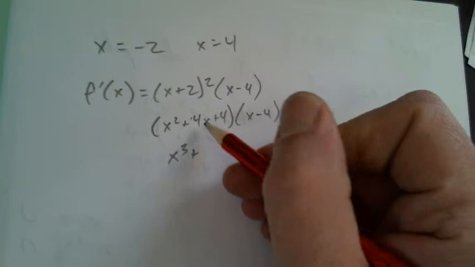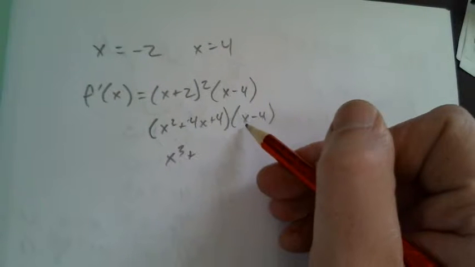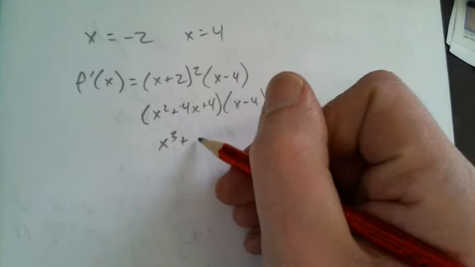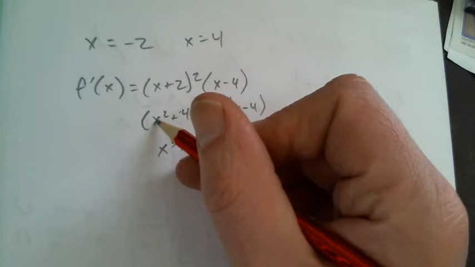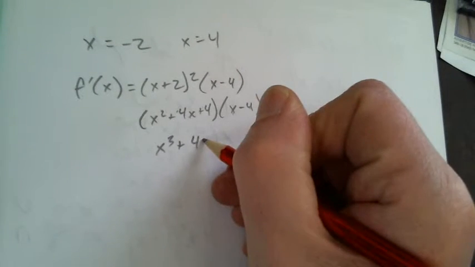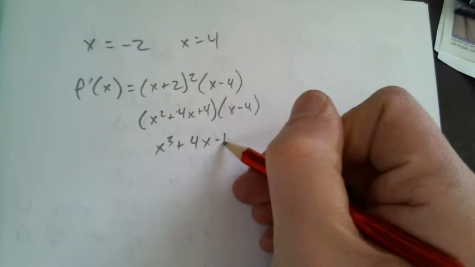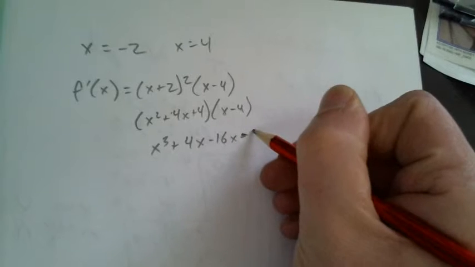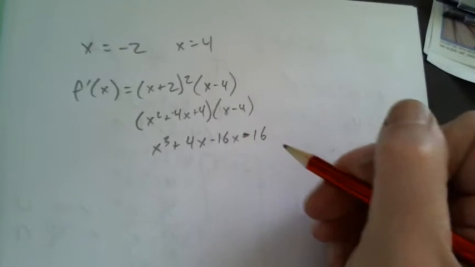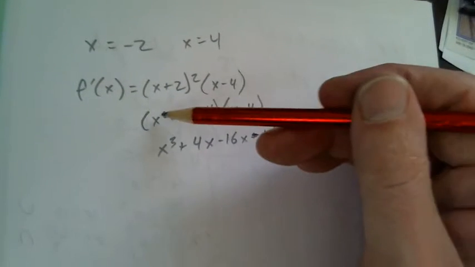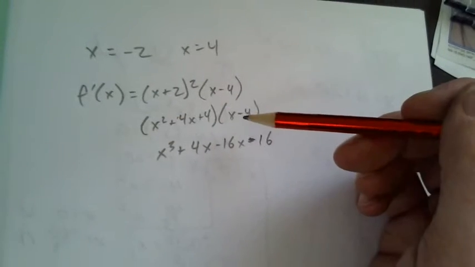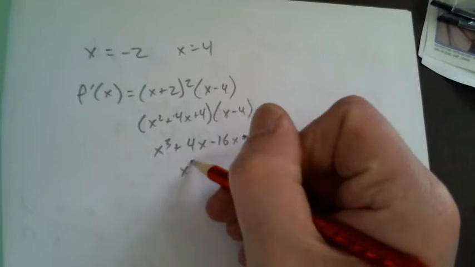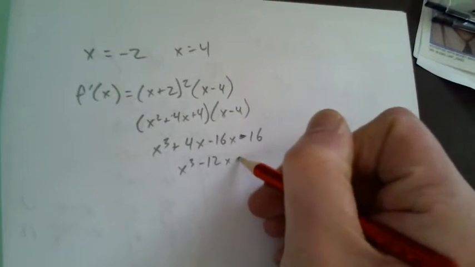Then we'll have 4x minus 4x squared plus 4x minus 16x and plus 16 at the end. So it's x cubed minus 12x minus 16.